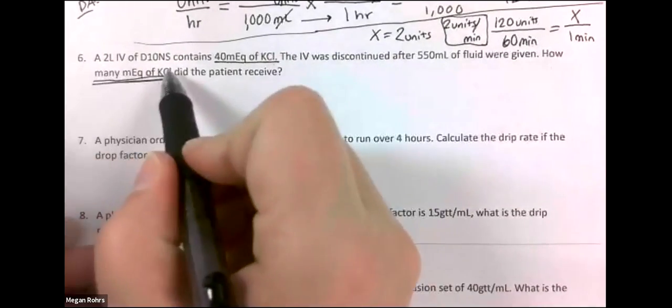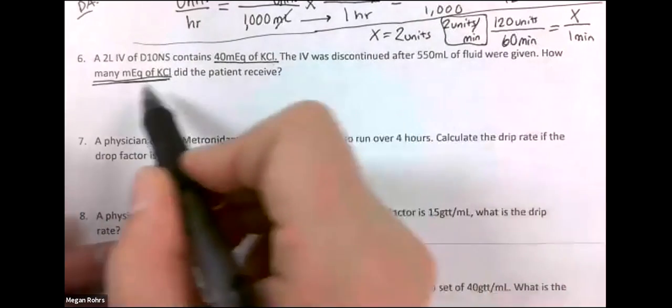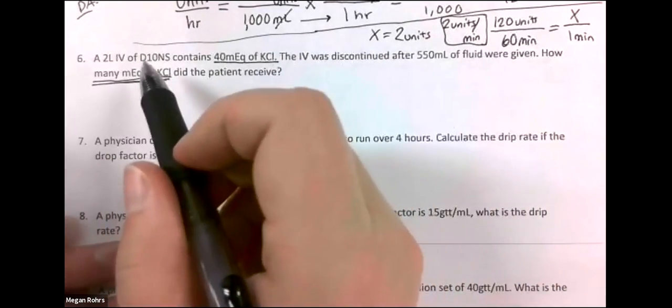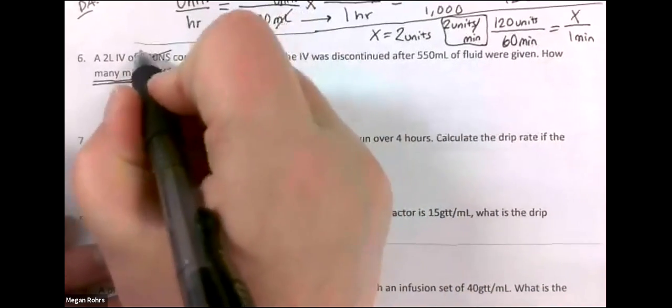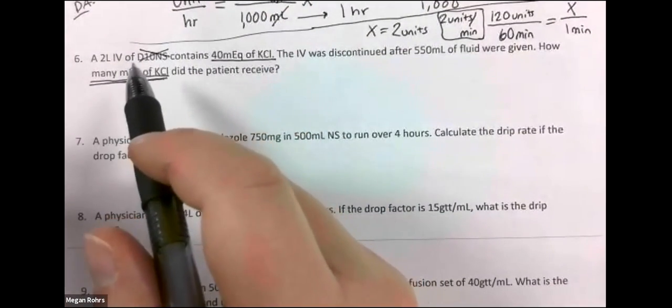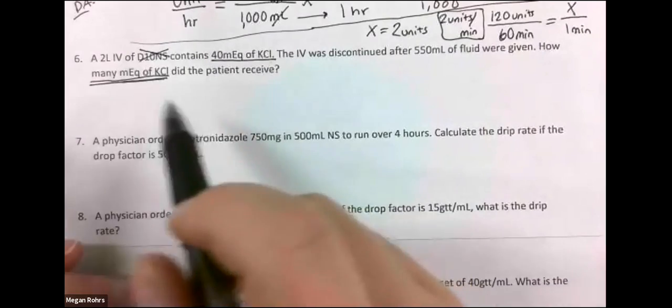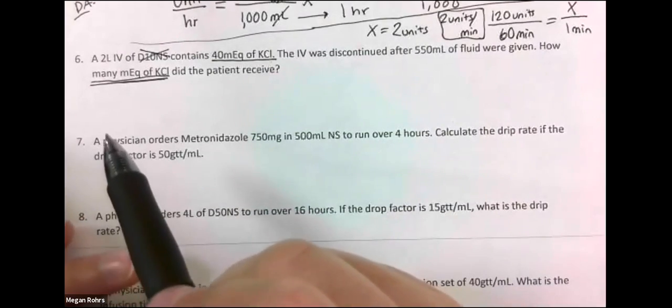Okay, so if we look here, we're looking for milliequivalents of potassium chloride. This question is not asking anything about dextrose or normal saline. So they're really just throwing this information in there to get us sidetracked. So the first thing you should do on any problem, weed out any unnecessary information.